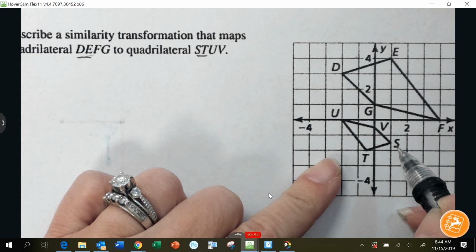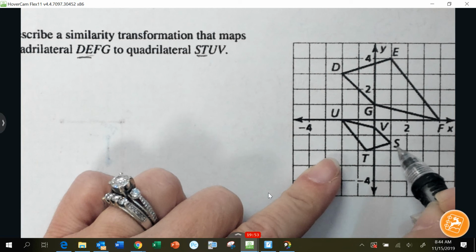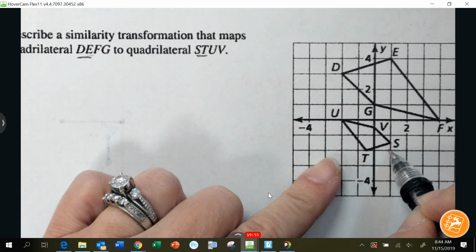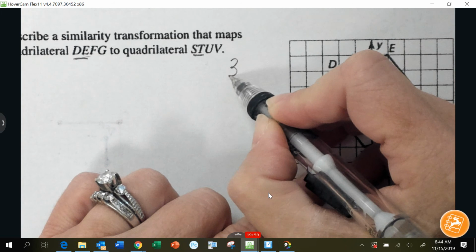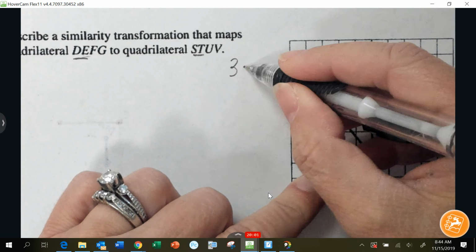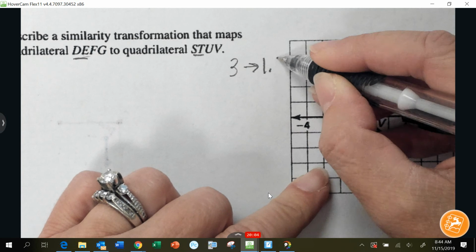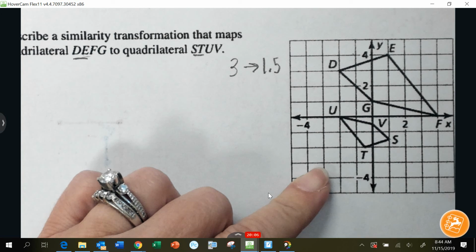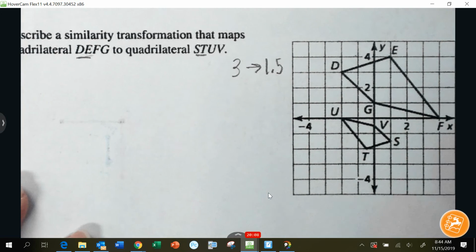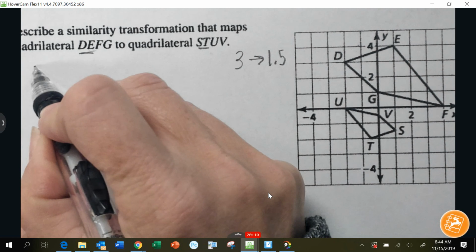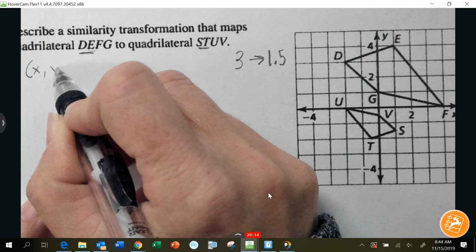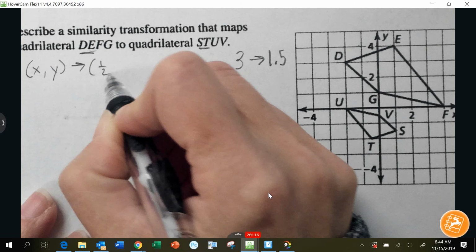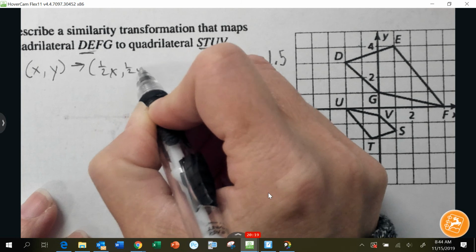So if I go from S to T, I'm going to go 1 over 1.5. So how can I go from 3 to 1.5? So let's see if that works, okay? So if I reduce it by half, then I'm going to be going from x, y to 1/2 x, 1/2 y.